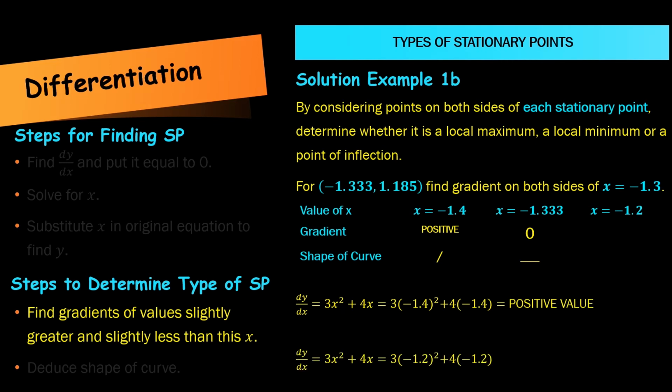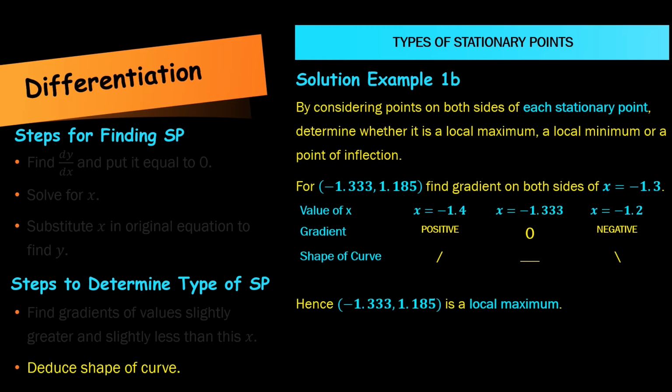And now let's plug in the value for x equals minus 1.2 into our equation for dy/dx, as shown. And this gives us a negative value. So our curve is sloping the other way. And therefore, this stationary point is a local maximum.